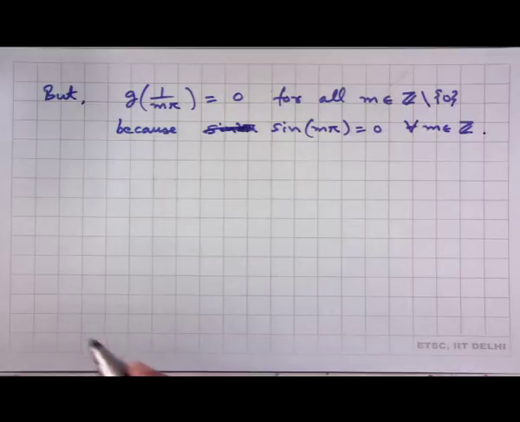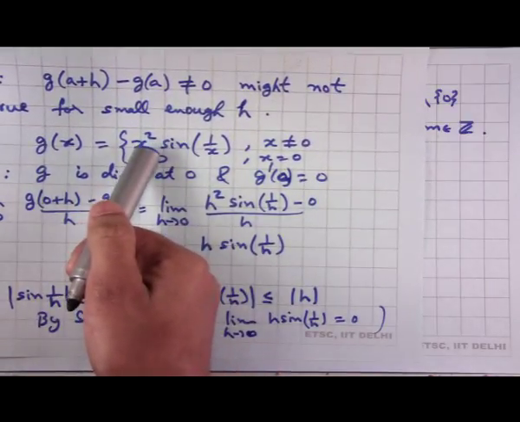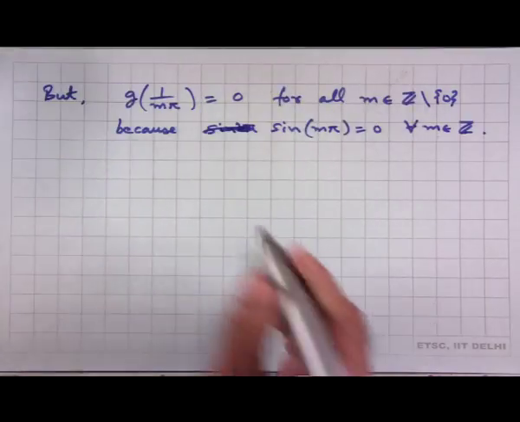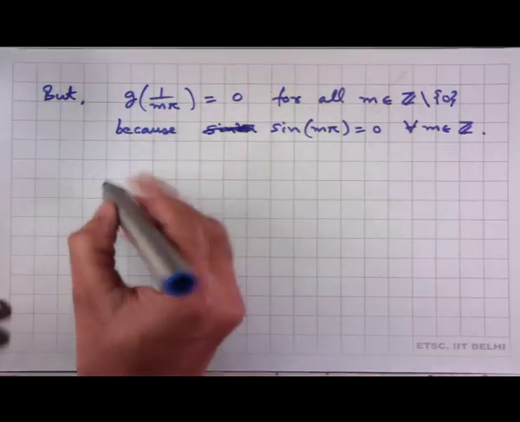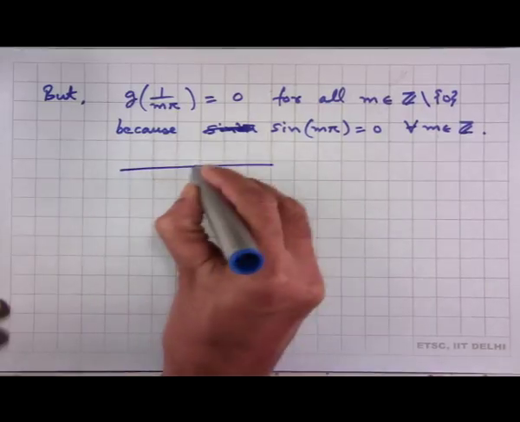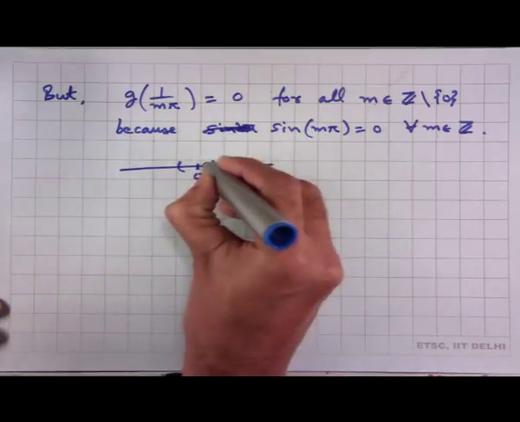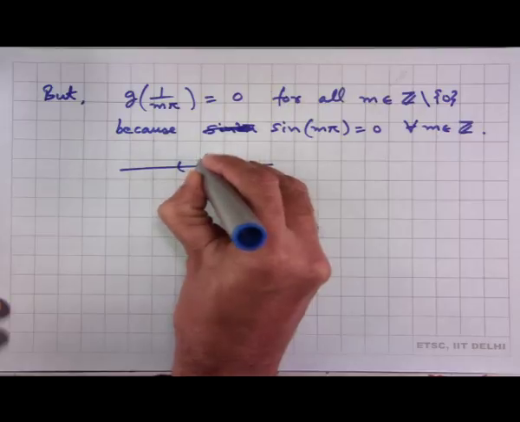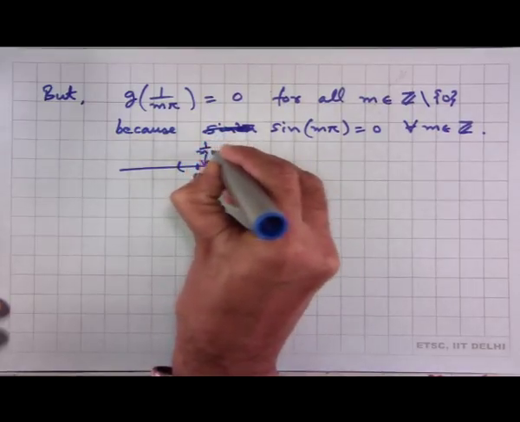So, g of 1 by m pi is 1 by m pi square times sine of m pi, which is 0. And notice that if you take any interval around 0, no matter what interval you take, for large enough m, 1 by m pi will be in this.